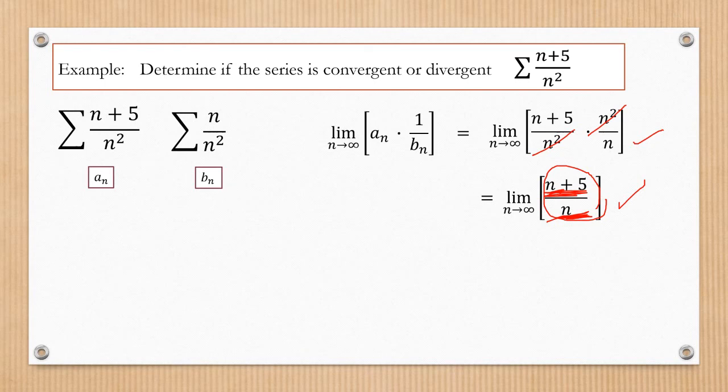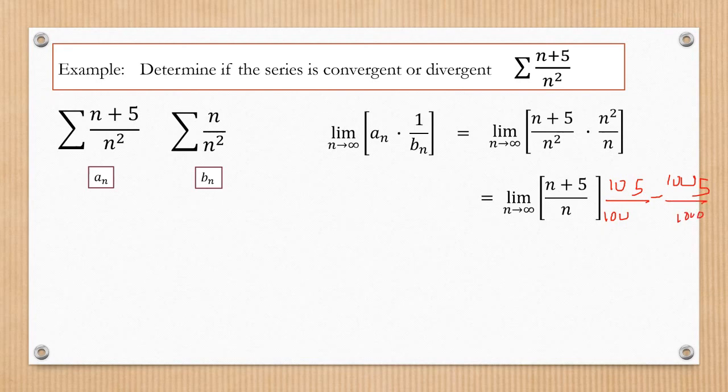Let's say n is 100, so that's 105 over 100. If n is 1,000, this is 1,005 over 1,000.